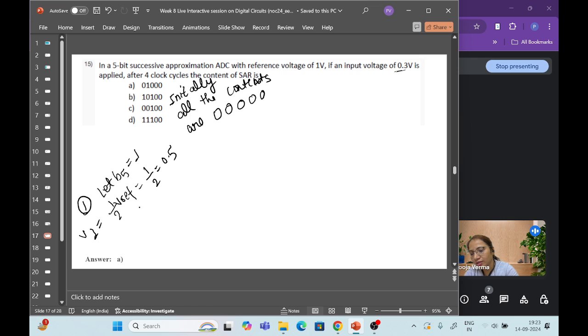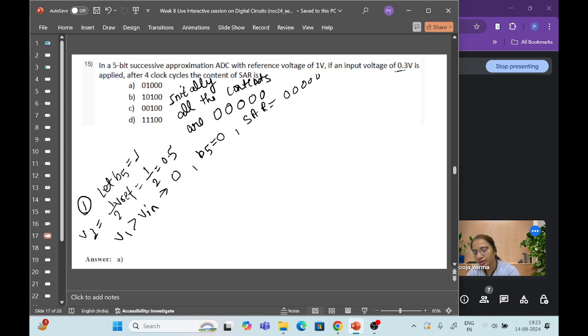So let's check whether V1 is greater than V in, because V in is 0.3 only. So that will produce 0. That means whatever assumption we have taken is wrong. That means V5 is equal to 0. So the content of the SAR after 1 clock pulse is 0, 0, 0, 0, 0.